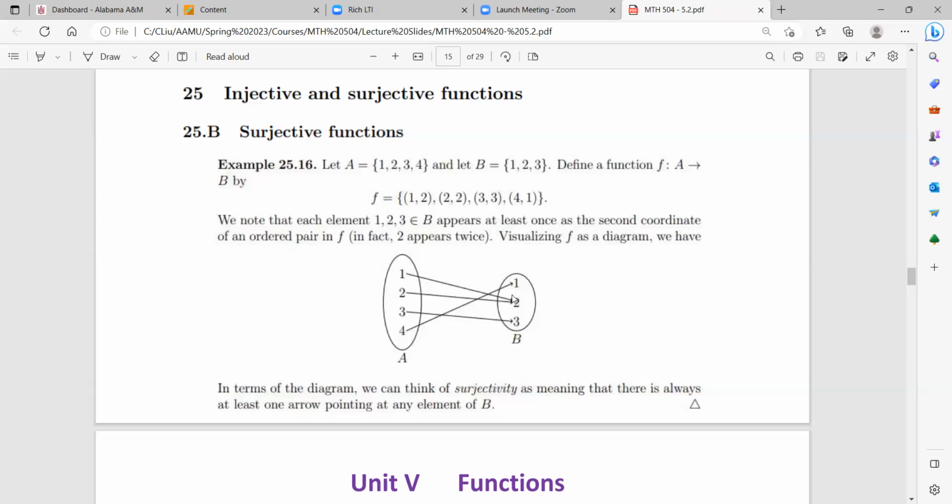So 1 goes to 2, 2 goes to 2, 3 goes to 3, and 4 goes to 1. So all of the elements in set B have at least one incoming arrow. There is always at least one arrow pointing at any element of B.